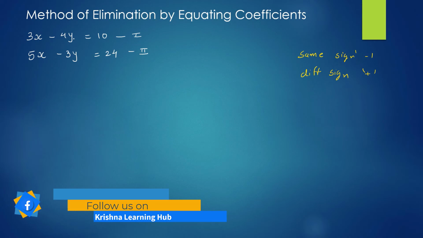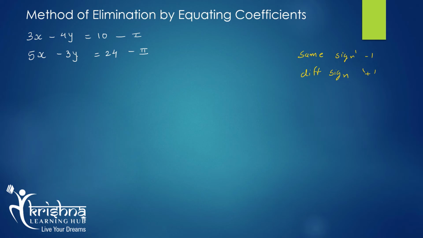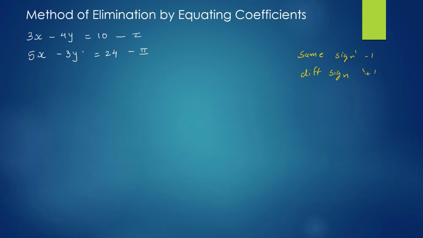First, in this sum we will equate variable y. In equation 1, y has coefficient 4, and in equation 2, y has coefficient 3. In the simplest way, just cross multiply these numbers. Equation 1 we will multiply by 3, and equation 2 we will multiply by 4.